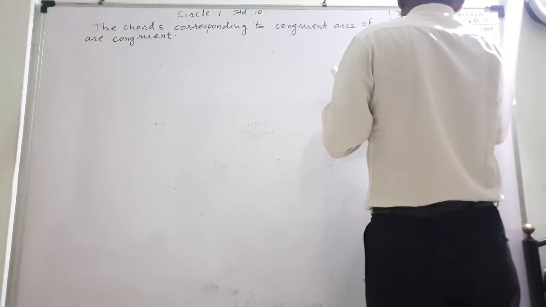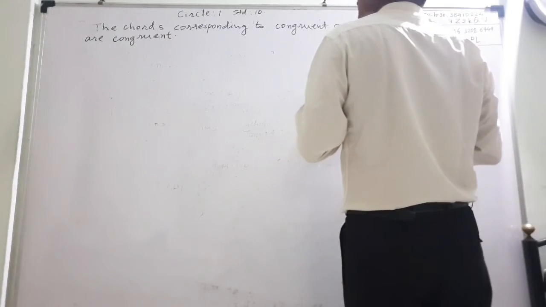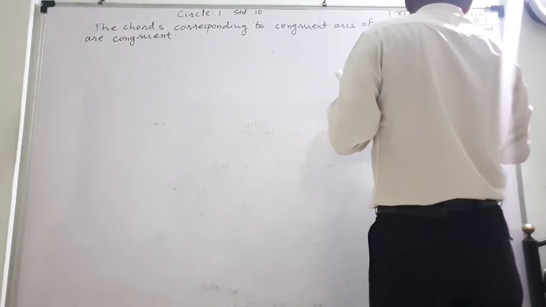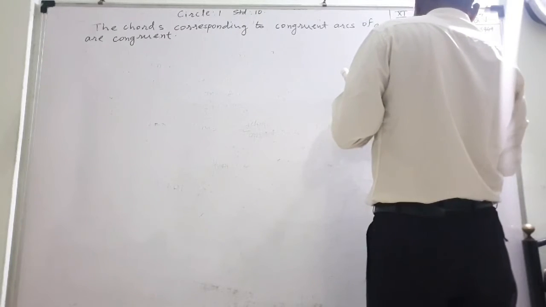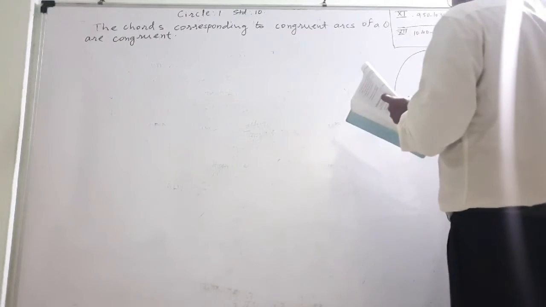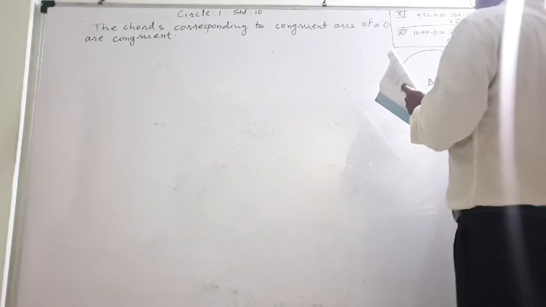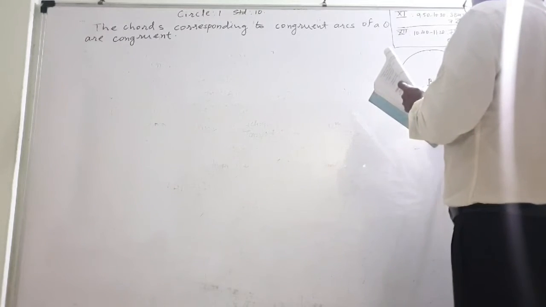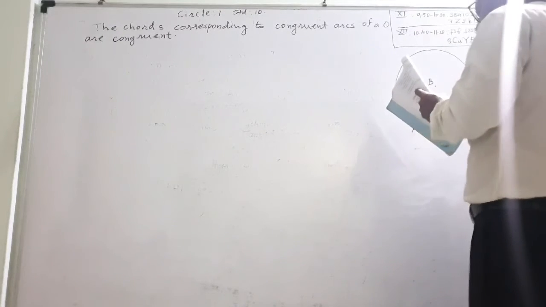The center is B. Here this is one arc, name is APC, and here is another arc, name is ED. In this arc, point P is taken in between, and in this arc, point Q is taken in between.